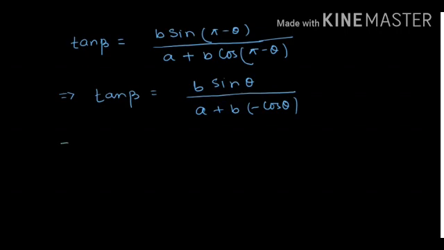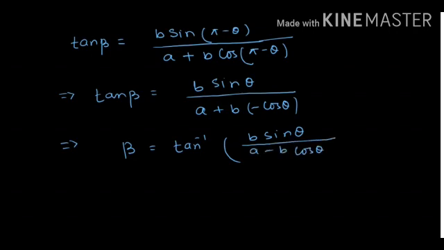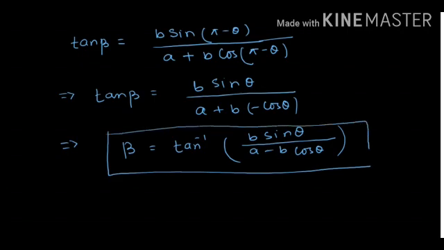So we can write beta equal to tan inverse of B sine theta by A minus B cos theta. This is the direction of the resultant vector.